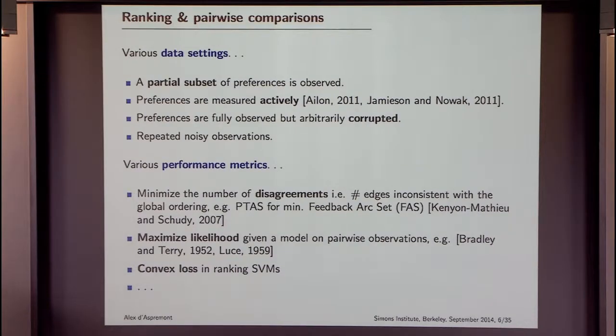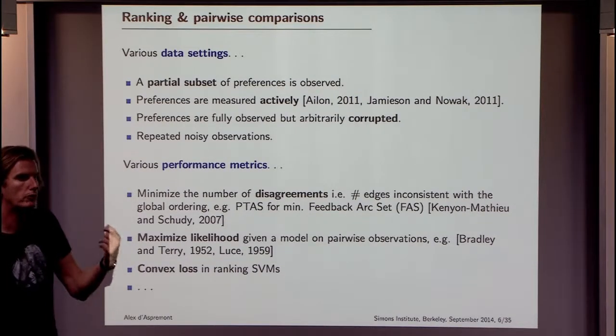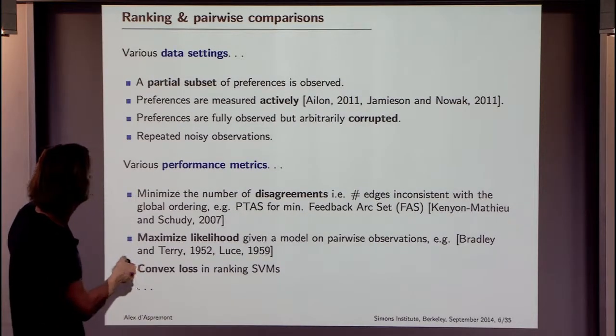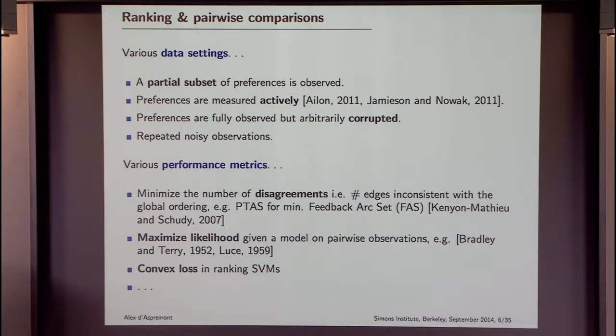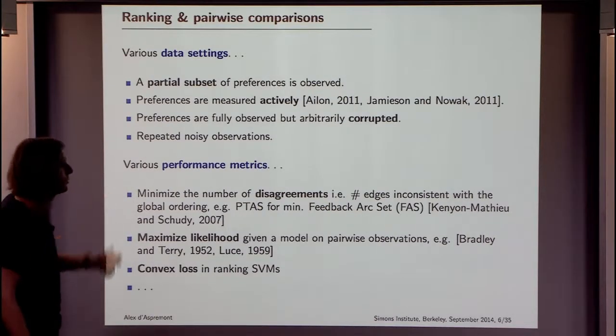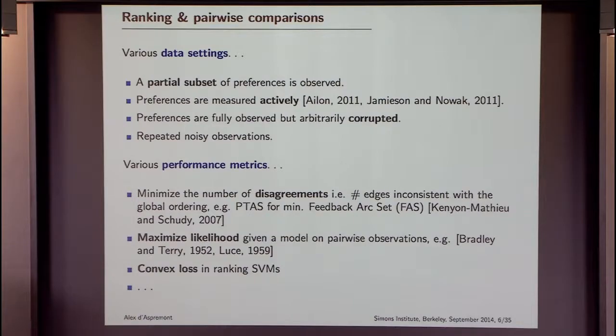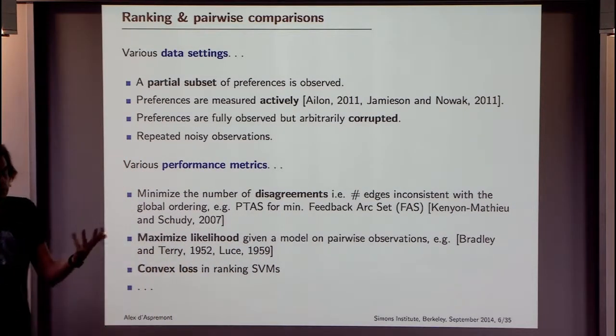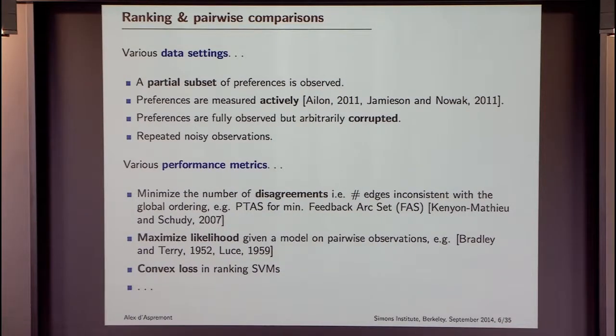There's a lot of work on actively measuring preferences, so choosing preferences so that you maximize the quality of the reconstructed ranking using a limited budget of measurements. And in the statistical setting, all these maximum likelihood estimation methods typically assume that you can make repeated observations. Depending on the application you work with, repeated observations are possible or not. Okay? And obviously, performance metrics vary too in a significant way.